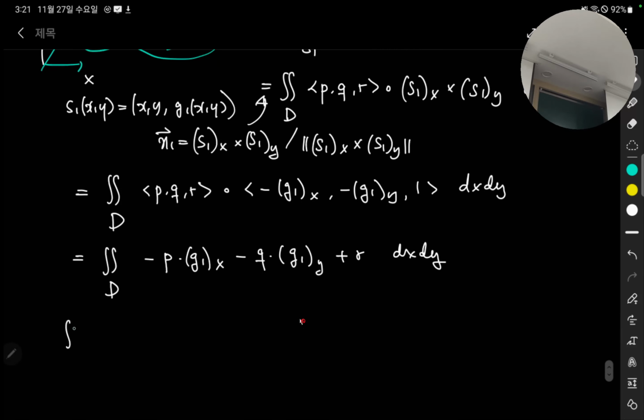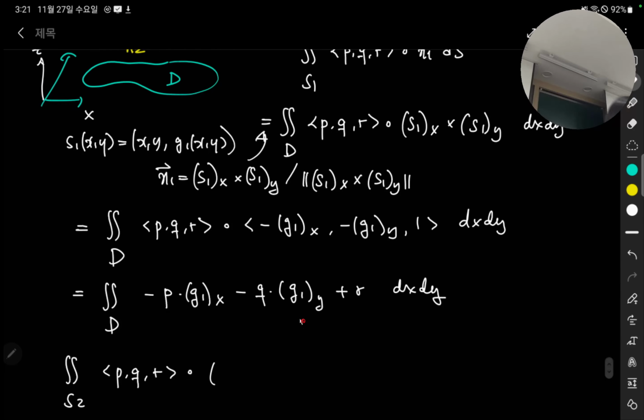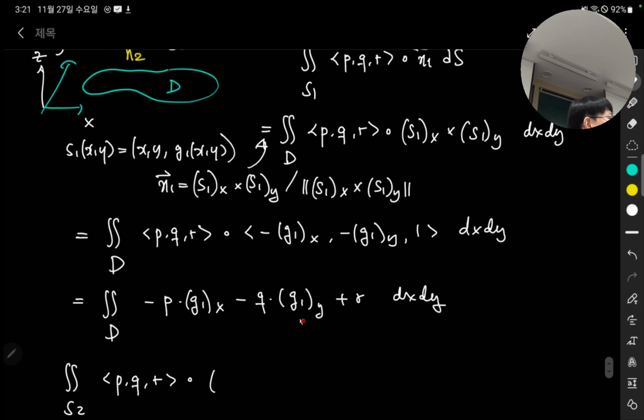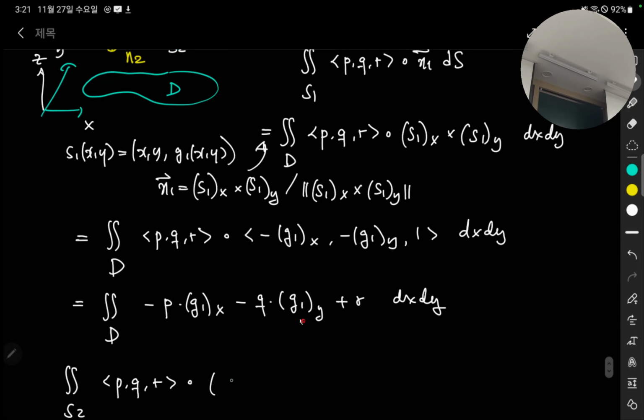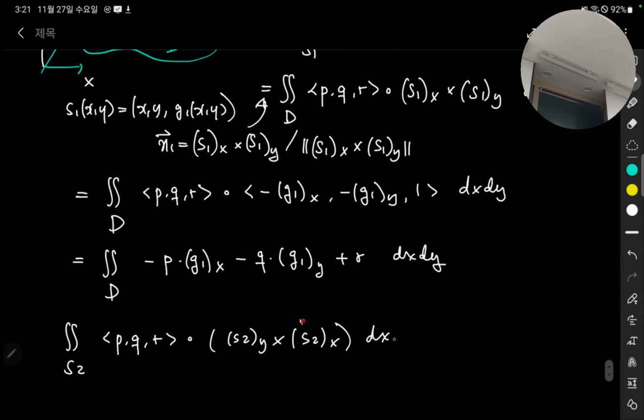So we have S2, the same vector field PQR, but now I need to multiply by N2, the orientation toward the downward direction. So I need S2y cross product S2x instead, dx dy.